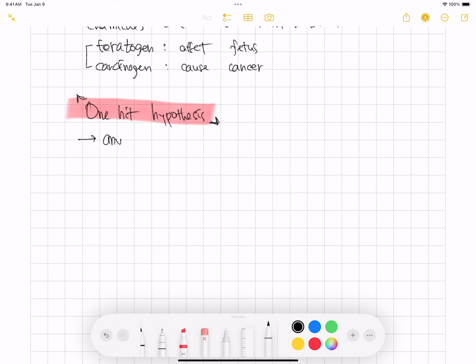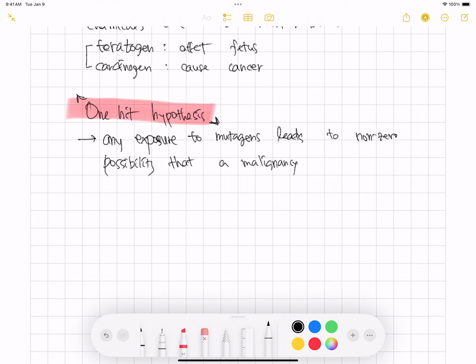It means any exposure to carcinogens or mutagens leads to a non-zero possibility that a malignancy results. And malignancy is an invasive tumor.